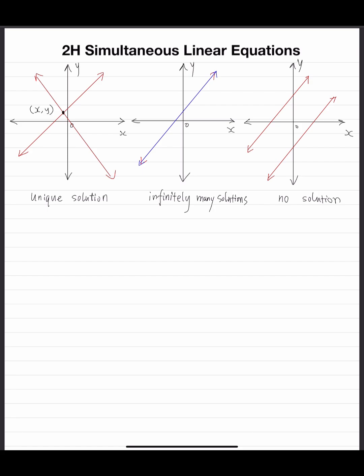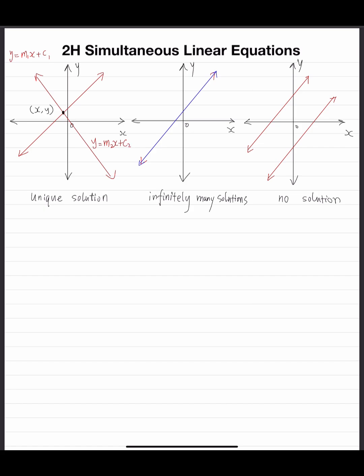When we're trying to explain what is happening here, I'm going to write the two equations. y equals m1 x plus c1. And here you have y equals m2 x plus c2.